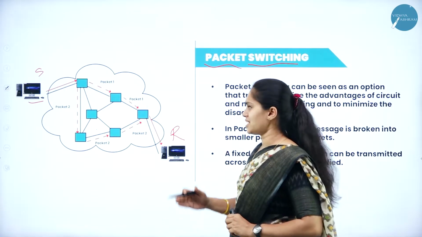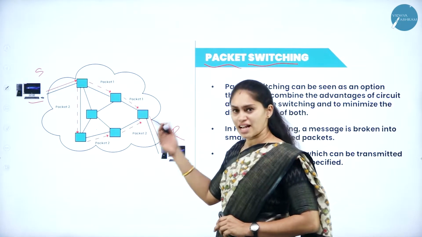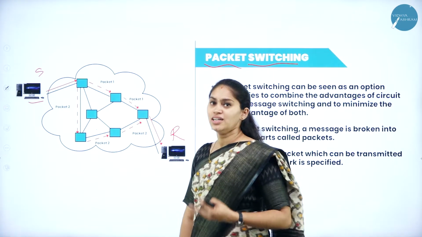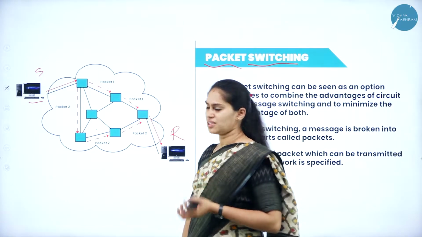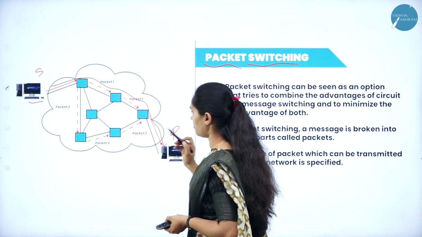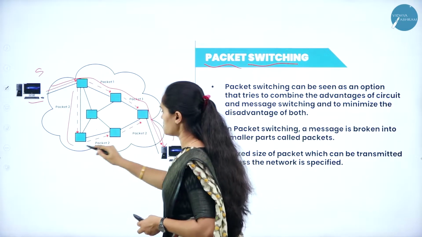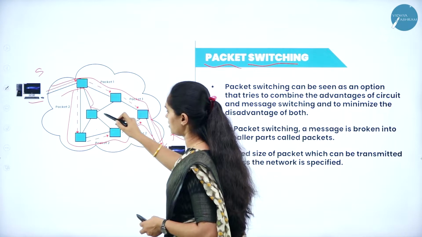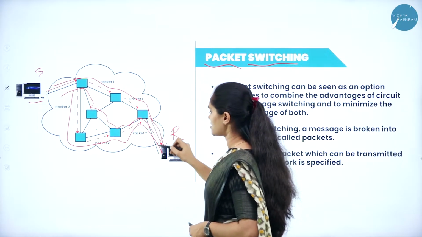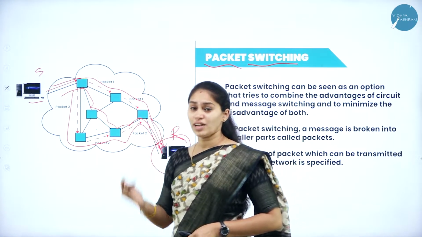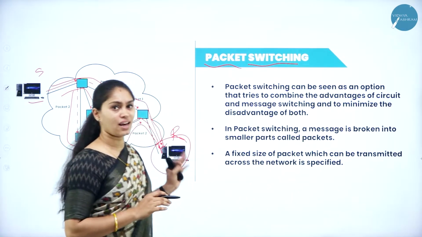For this transmission of data over a network, more than one kind of communication will take place. So this packet can move to the receiver along this path, or it can come from here, and it can also take one more division, like it can come here, reach here, and at last reach the receiver. So there is no dedicated channel between the sender and receiver.